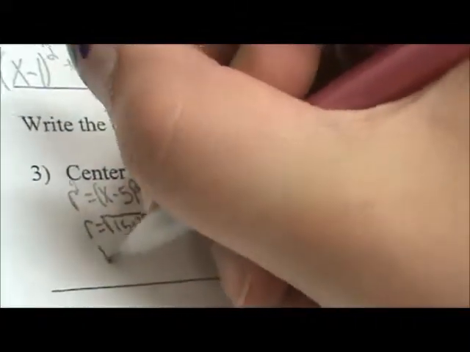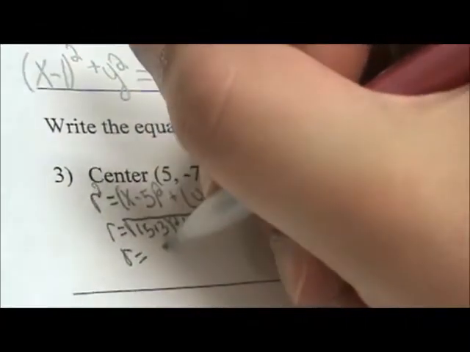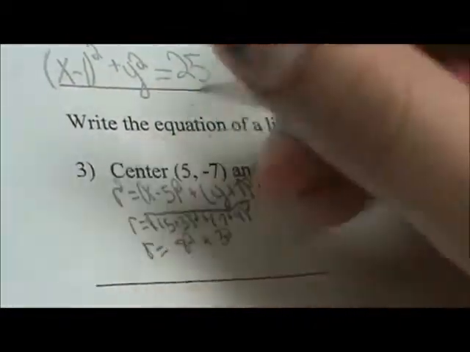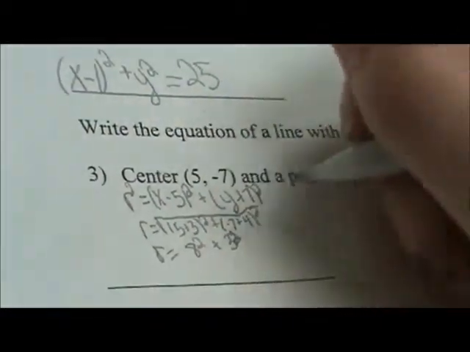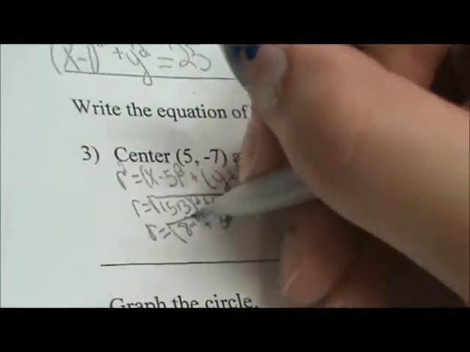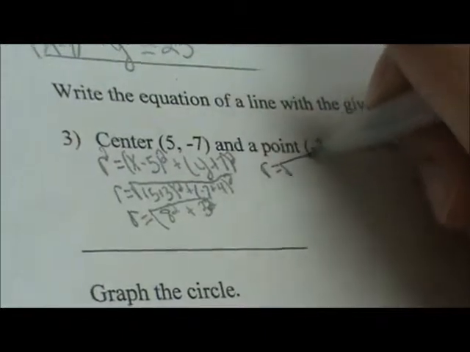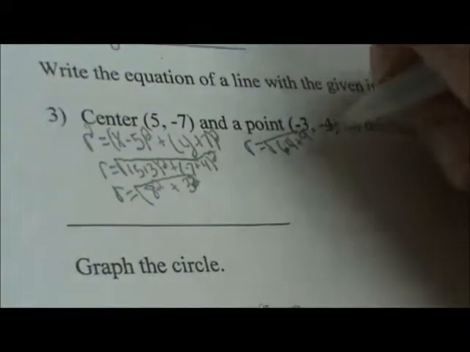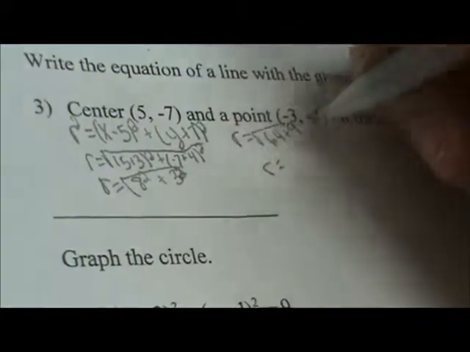Then you need to add the squared numbers together, so you get r is equal to the square root of 8 squared plus 3 squared. Then you square those numbers, so you get 64 plus 9 underneath.